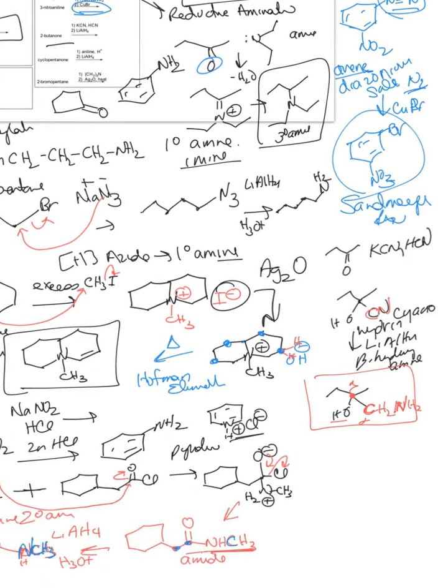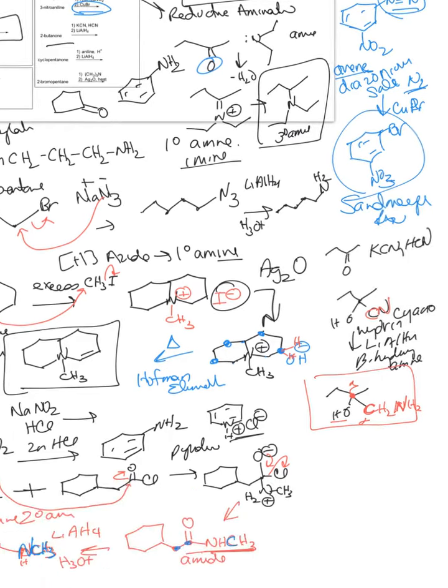And then you're going to get a nitro group on the ring. So we'll just draw that there. So you get a nitro group, and then you need to reduce that. So the second thing you're going to do is add, how do you reduce it? Zinc and dilute HCl. And now you have an aniline.